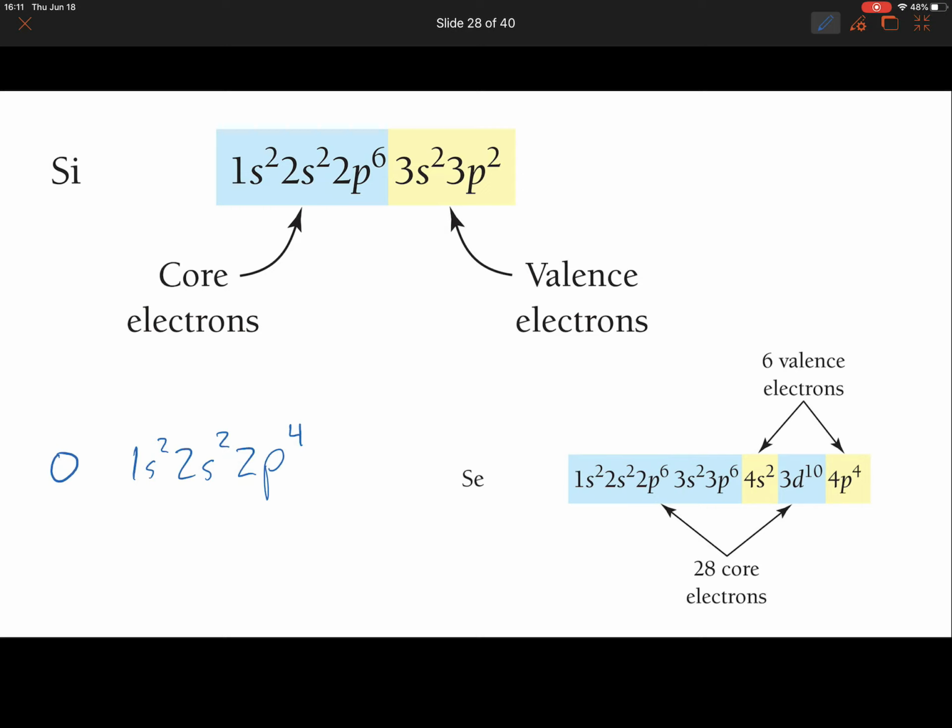So if we look at its valence shell, we see that it has core and valence, with the higher number being 2, and then in all of those valence shells we have 2, 4, or 6 electrons. If we look at selenium, we see selenium also has a highest shell that is the 4s and the 4p, and within those we see also 6 electrons.